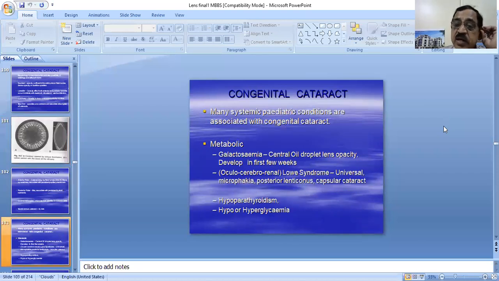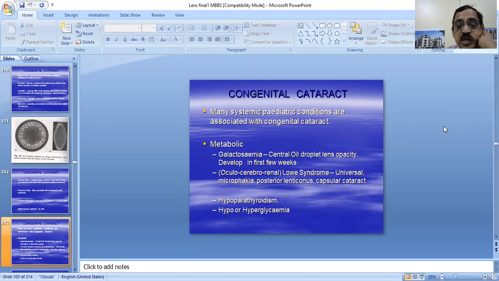Many systemic pediatric conditions are also associated with congenital cataract. First and foremost, there can be metabolic conditions, such as galactosemia. Here the cataract appears as a central oil droplet lens opacity, and it develops in the first few weeks of life.